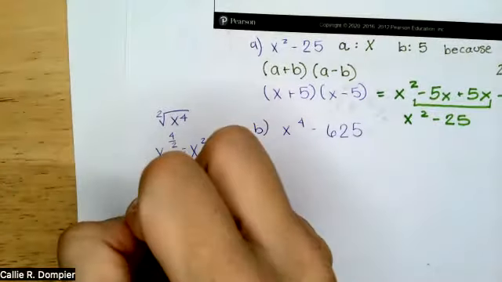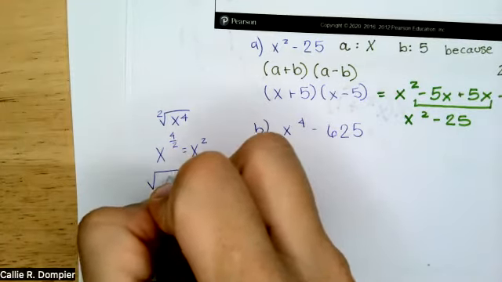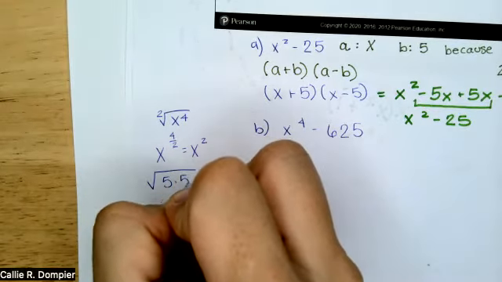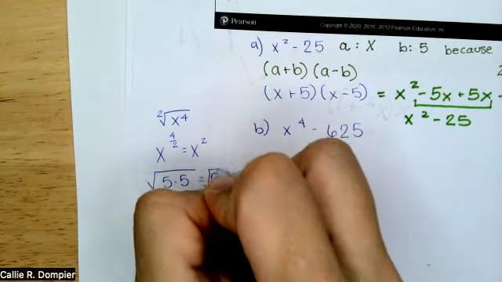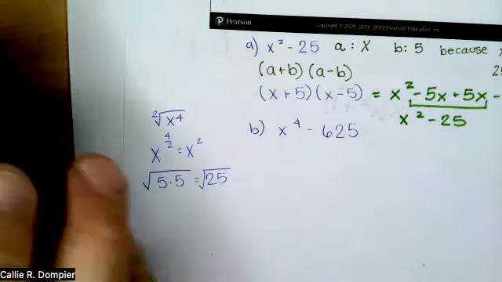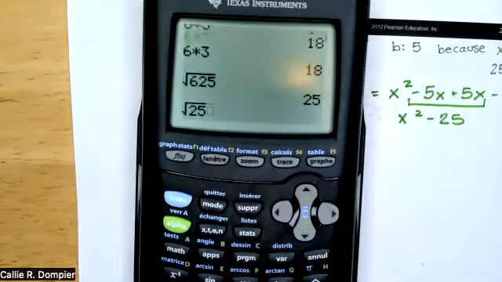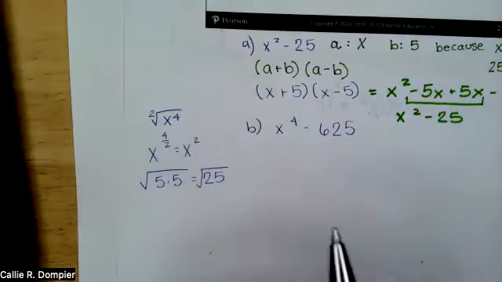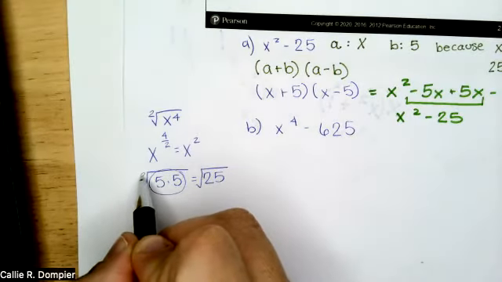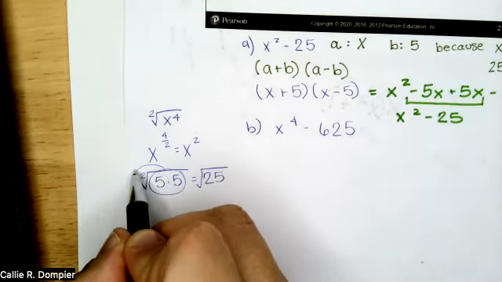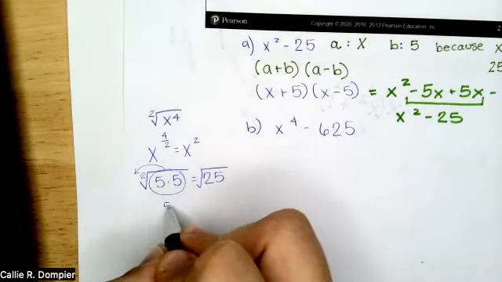Or you can just say, so I know that 5 times 5 is the same as 25, right? The square root of 25 is 5 because anytime you have a pair under the radical, if the radical is only for 2, you can take that out.